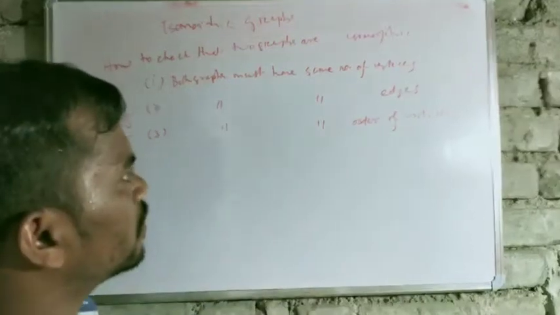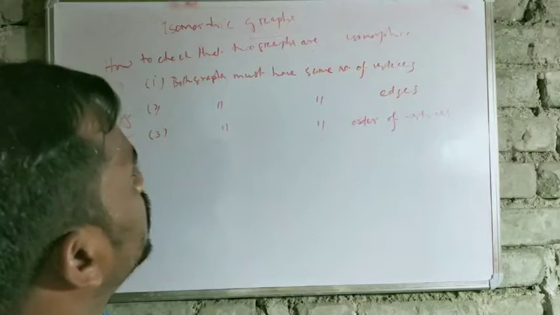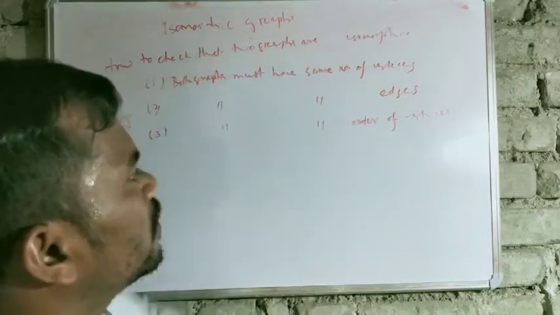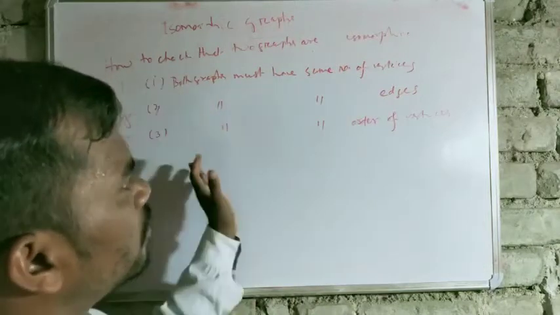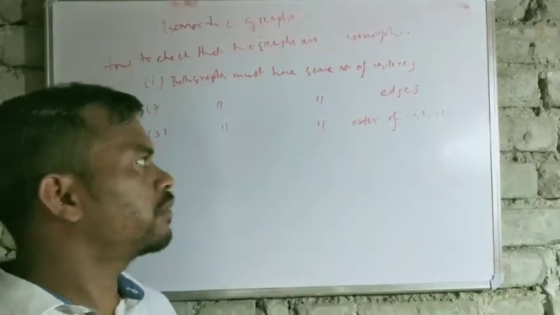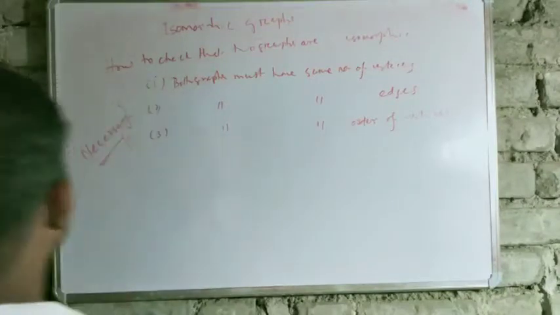Okay. So now we'll do some problems. How to show that two graphs are not isomorphic, and some graphs which satisfy these three properties but are not isomorphic. Okay. Now do some problem.